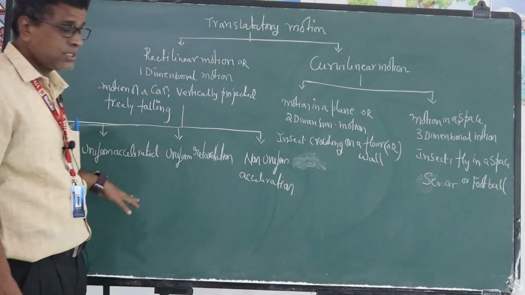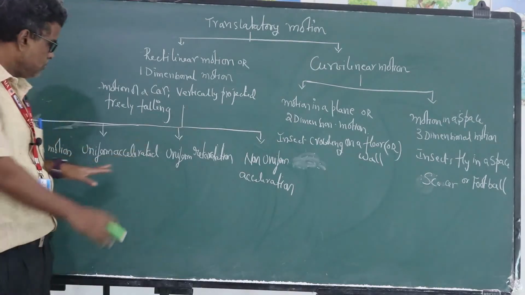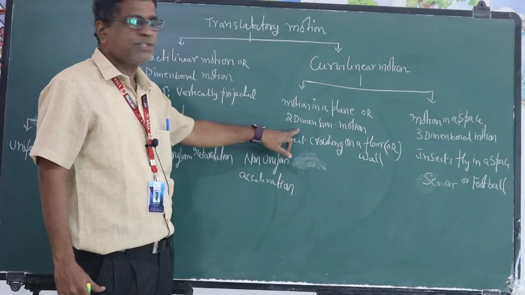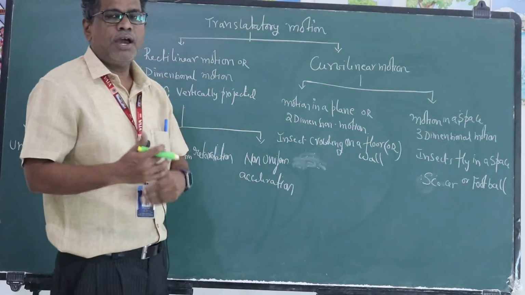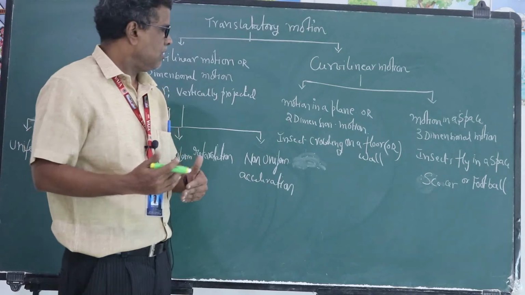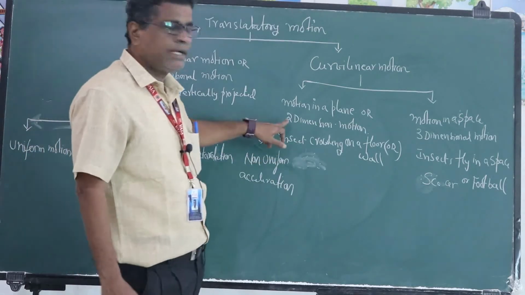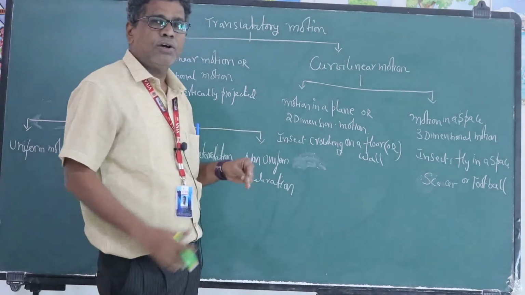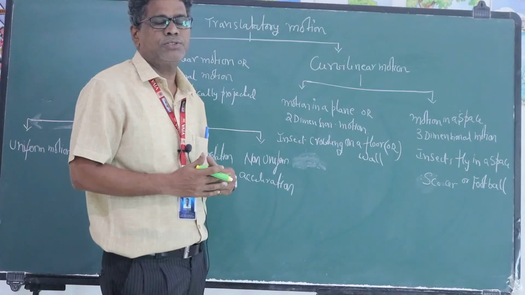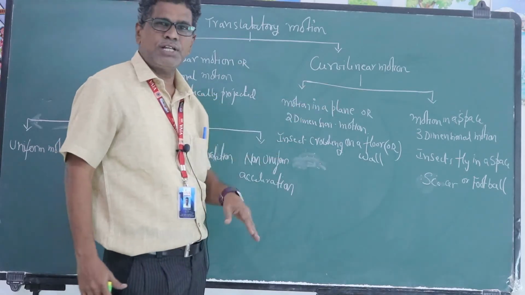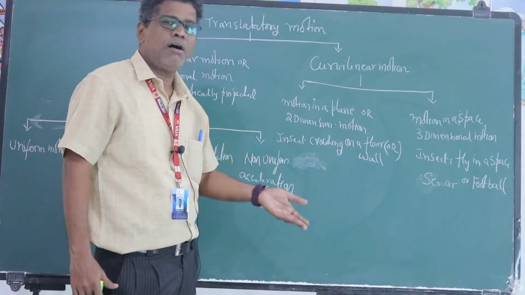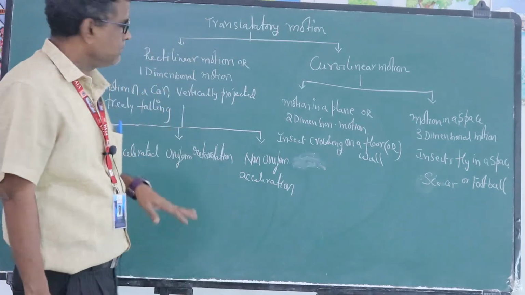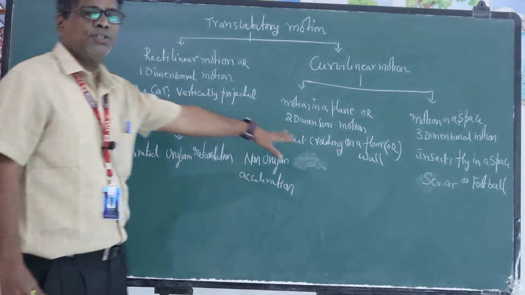Once you understand this, we can treat two-dimensional and three-dimensional motion as superimposition, a combination of two or three rectangular rectilinear motions. So once you understand this, you can solve these problems also.